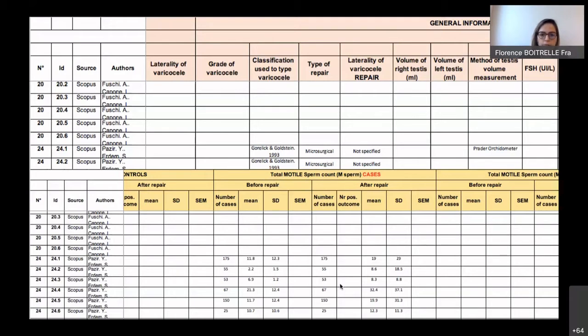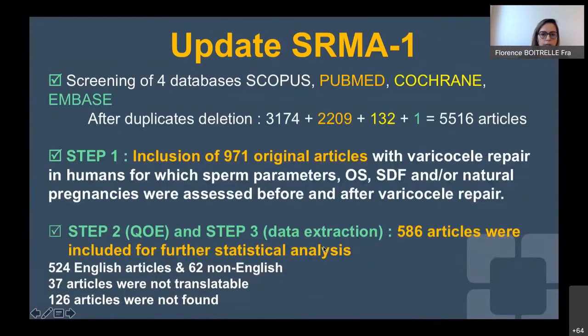And if we come to the numerical data, we can say that we screened about 5,516 articles, coming from Scopus, PubMed, Cochrane, and Embase.